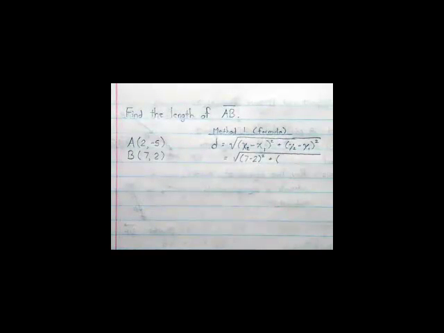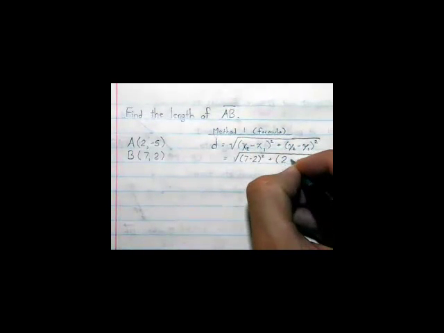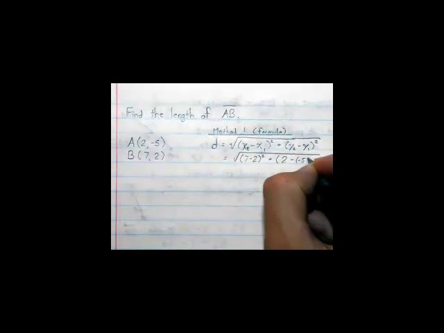And then we subtract our y. y2 minus y1: y2 is 2, y1 is -5. So 2 minus -5, and that's going to be squared eventually.